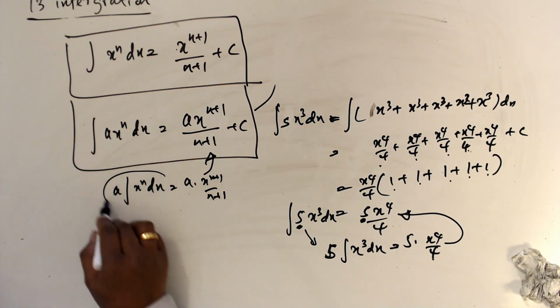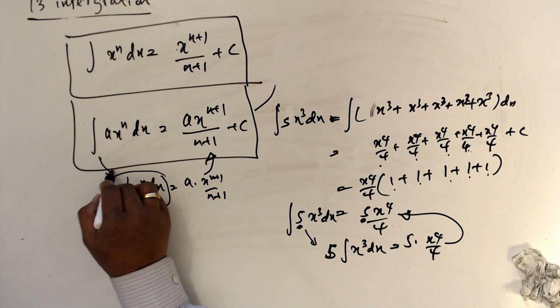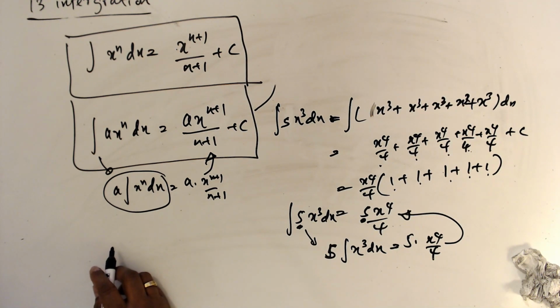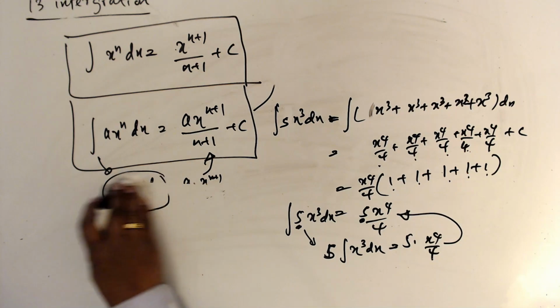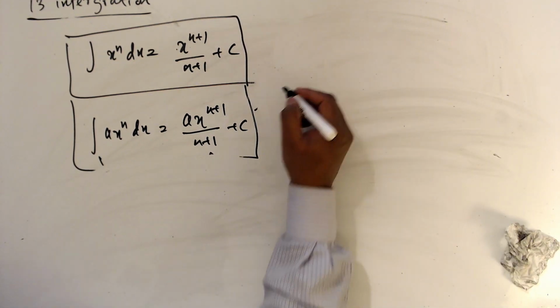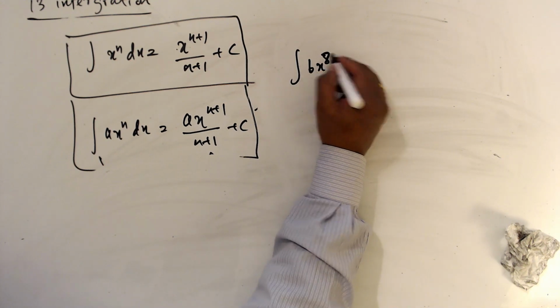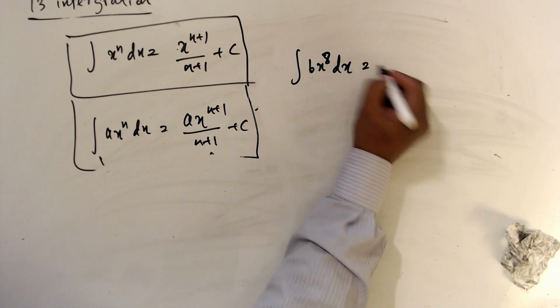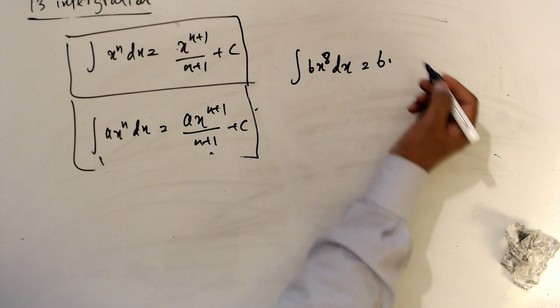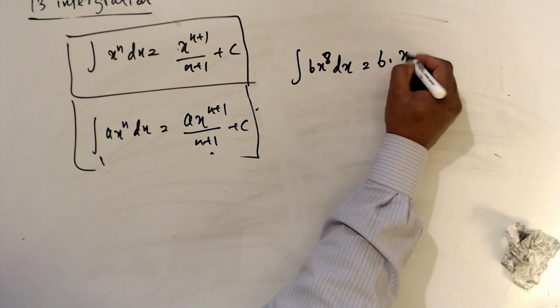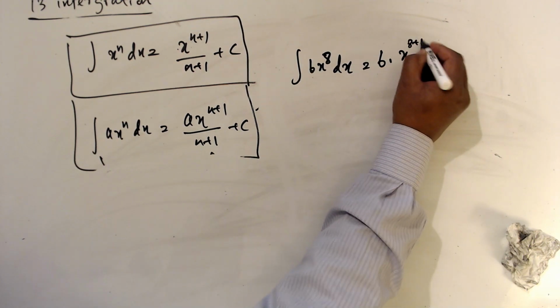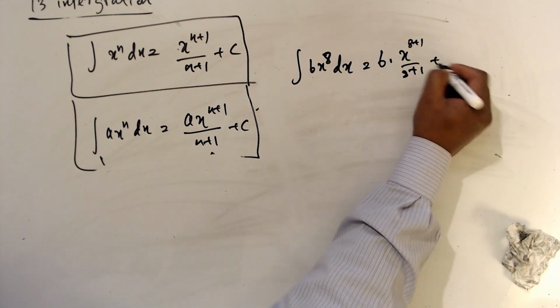We don't write this medium step, but it is better to always write it. So the summary is this: if we have something to integrate like 6x^8 dx, you can write 6 as it is, then x^(8+1) over 8+1, plus c.